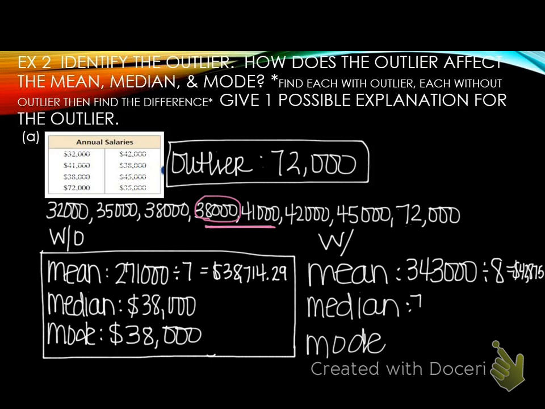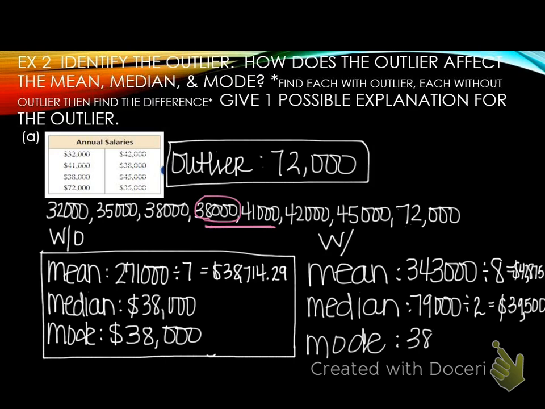Okay, so we're going to write 79,000. And we're supposed to be dividing by how much? 2. And what does that make the median of our list? 39,500. Awesome.